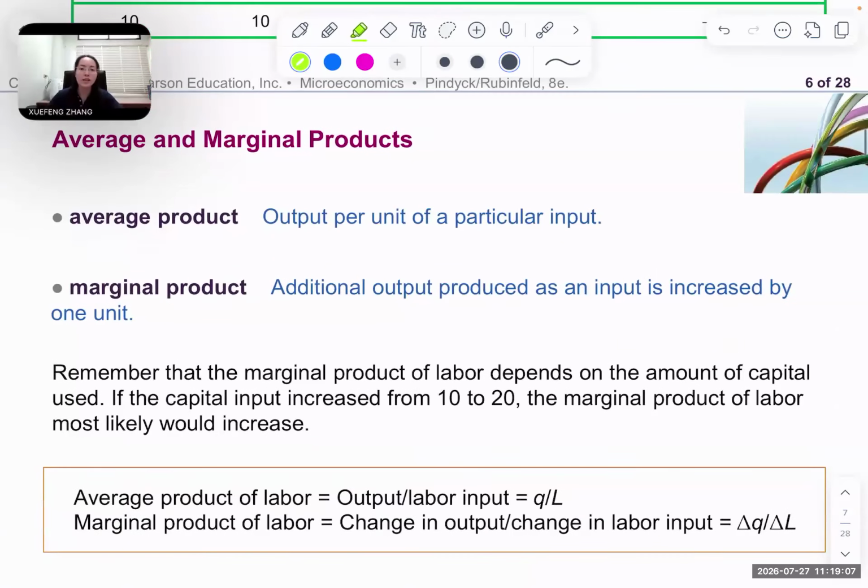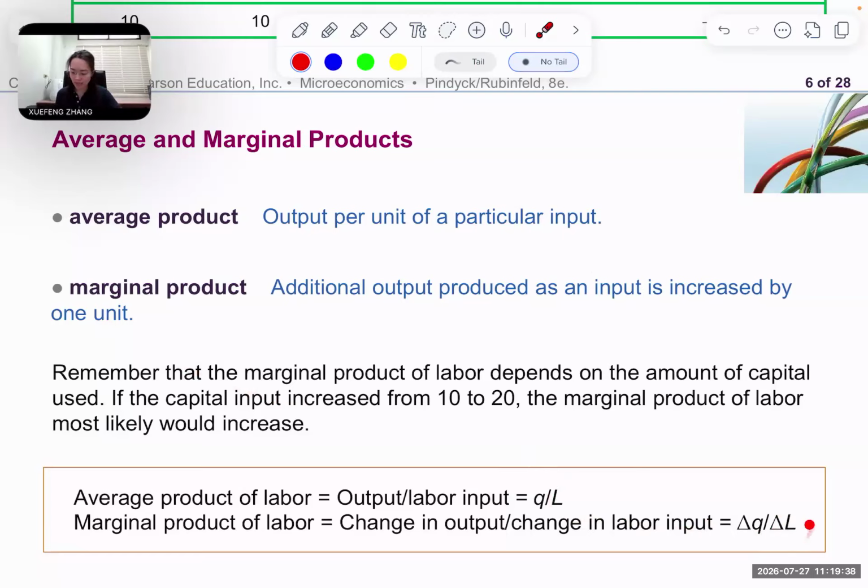Okay, so this slide just confirms the two definitions from the table. What is average product? Output per unit of a particular input. Okay, so Q over L, which means on average, how much does each worker produce? And then marginal product. Okay, additional output produced as an input is increased by 1 unit.